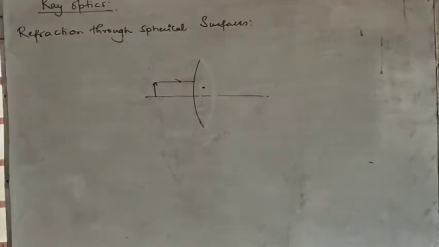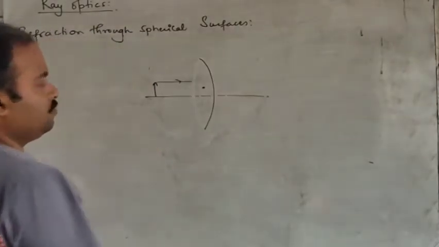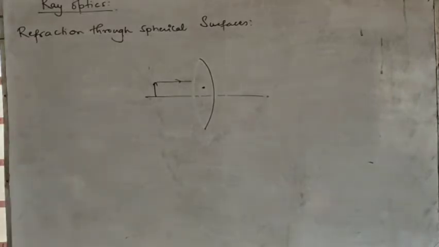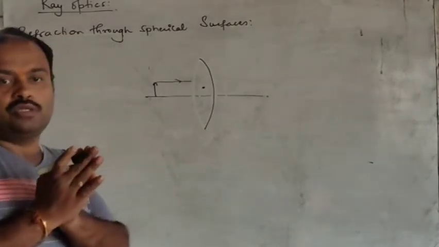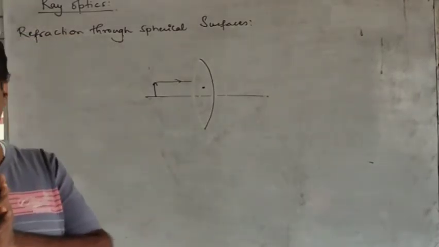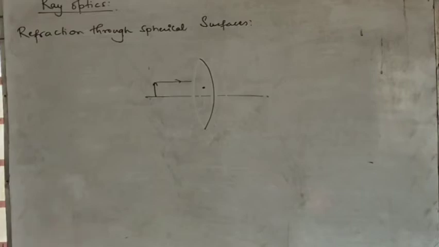We will see what happens, how image is formed, and we will try to find out the relationship between object distance, image distance, radius of curvature and all. Then we are going to study this part, the same thing we are going to do as we did before, and finally we are going to add both the expressions which will give you lens maker's formula, and for examination that is very very important, right?